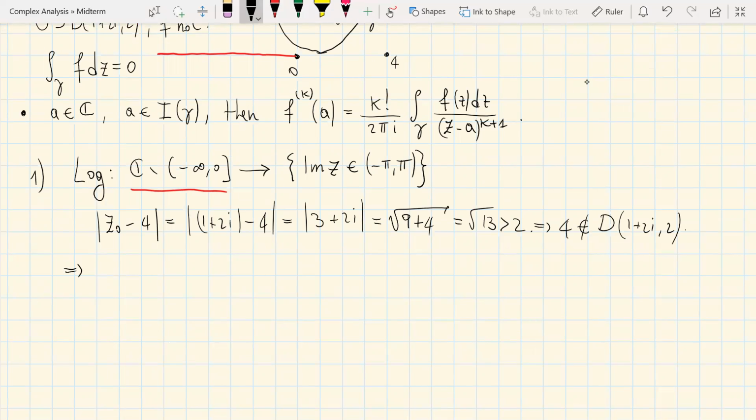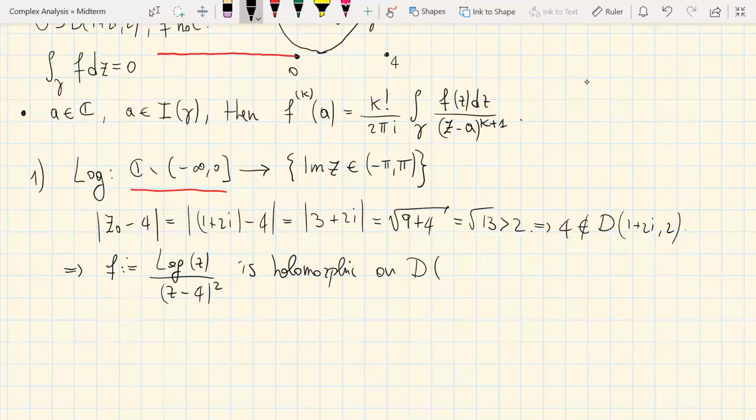So this implies that f equal to log of z divided by (z minus 4) squared is holomorphic on, or maybe more precisely on, C minus the negative real axis and then also minus the number 4.